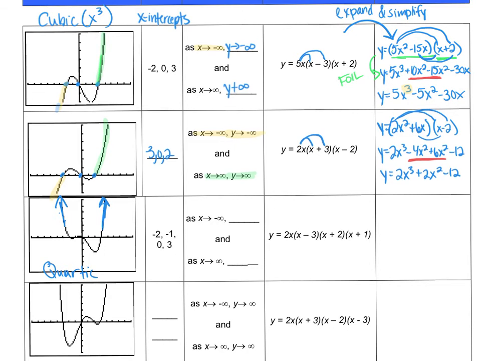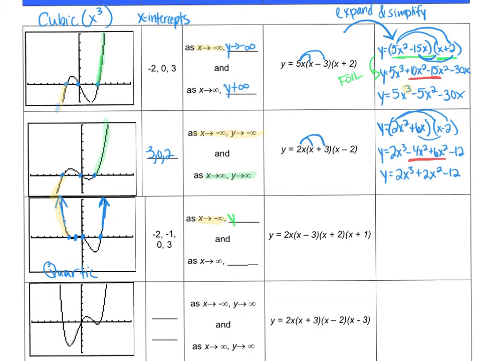Let's go ahead and talk about the zeros first. So we have -2 is a zero, -1 is a zero, and 3. That's where we're crossing the x-axis. As x is approaching negative infinity, so the graph is getting closer to negative infinity, what's happening to y now? Looks like as x is getting more negative, y is actually getting more positive.